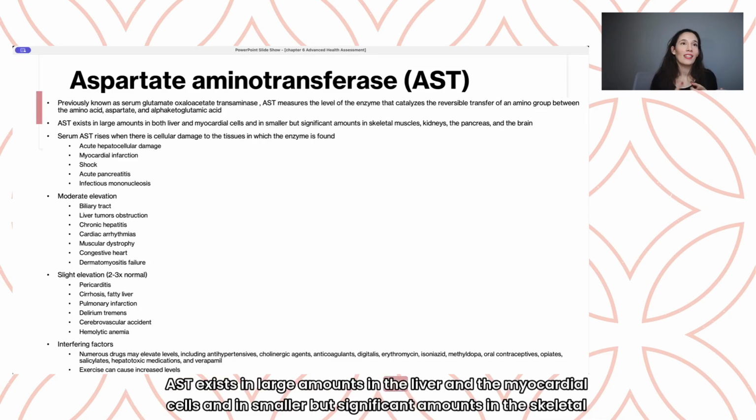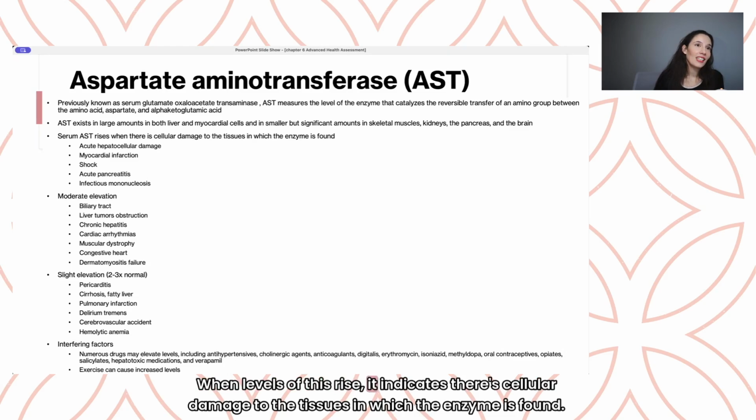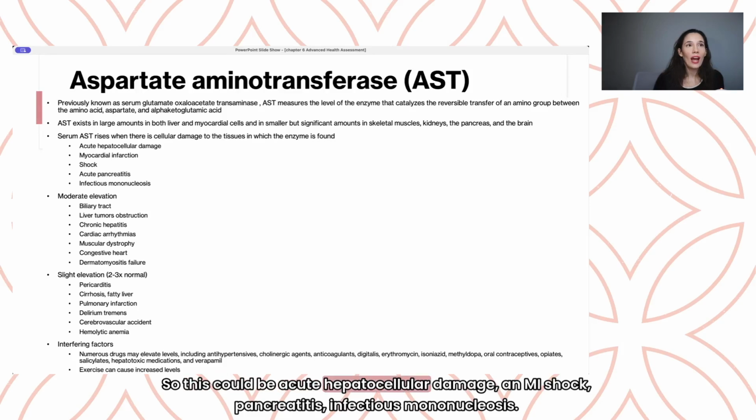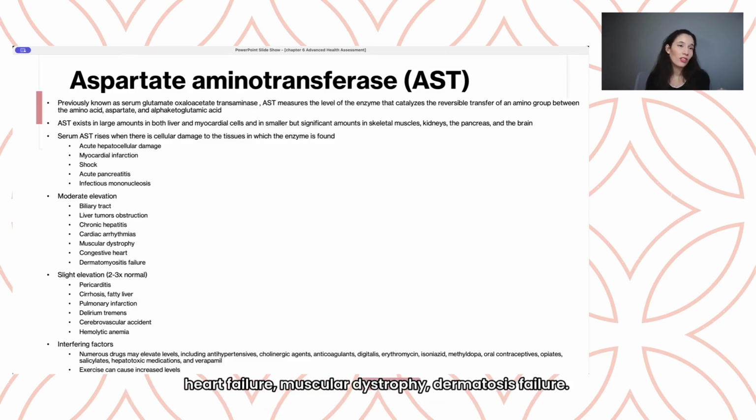AST exists in large amounts in the liver and the myocardial cells, and in smaller but significant amounts in the skeletal muscle, kidney, and pancreas, and in the brain. When levels of this rise, it indicates there is cellular damage to the tissues in which the enzyme is found. So this could be acute hepatocellular damage, an MI, shock, pancreatitis, infectious mononucleosis. Moderate elevation can be due to arrhythmias, tumors in the liver, chronic hepatitis, biliary tract issues, congestive heart failure, muscular dystrophy, dermatosis failure.